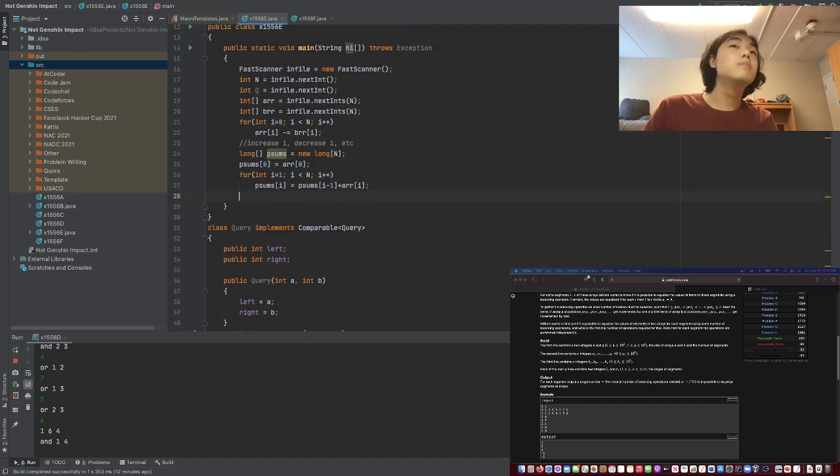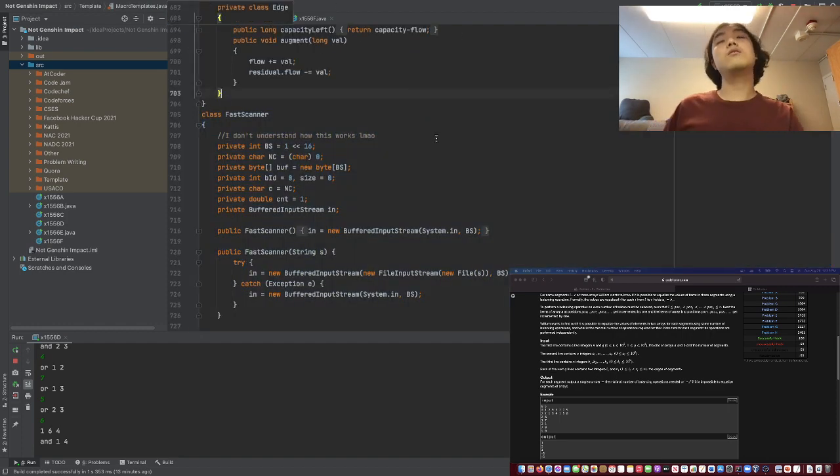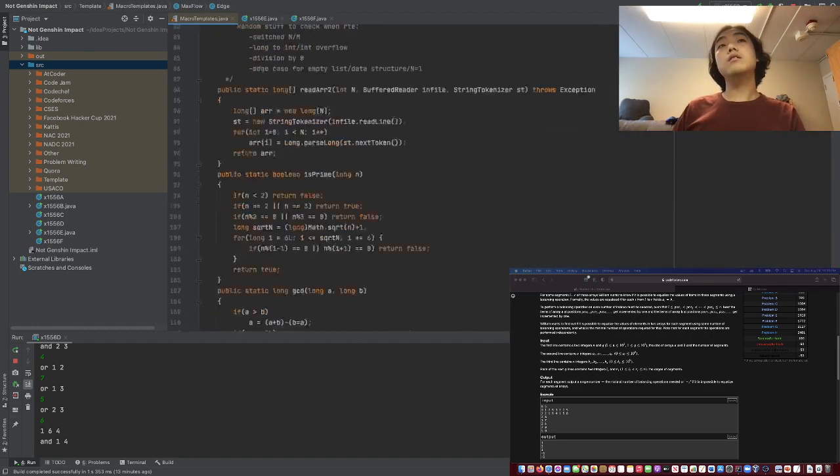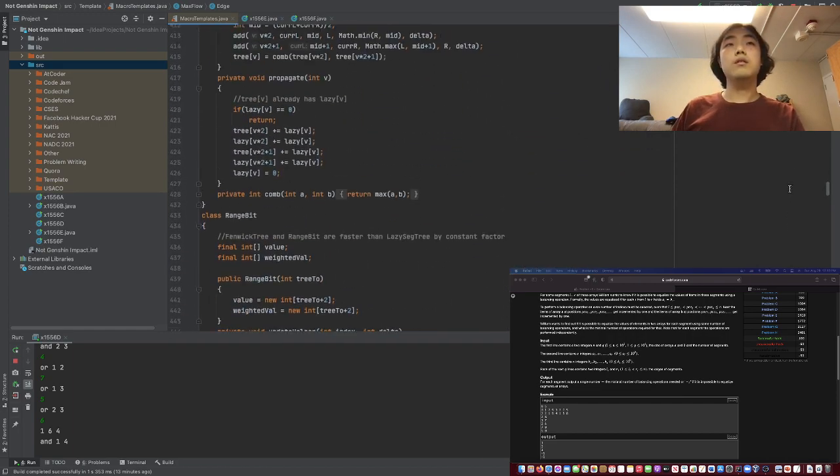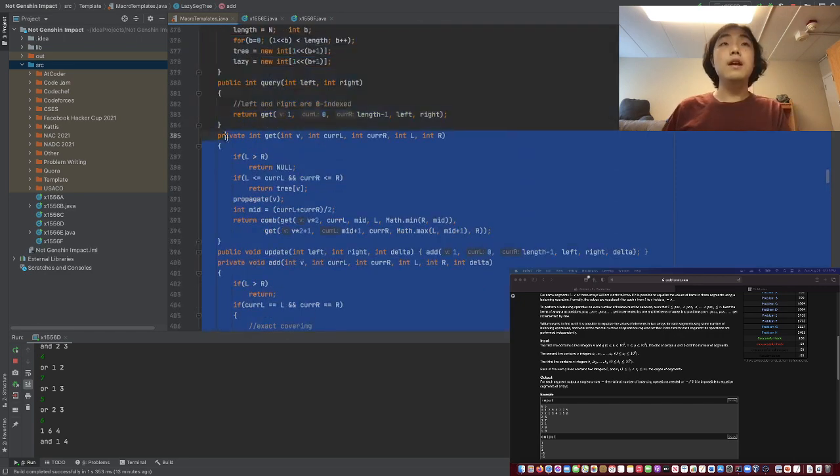For a lazy segment tree, we need to do range updates. So it's lazy seg tree range updates, and then a max or min query, something like that. And it could be longs.